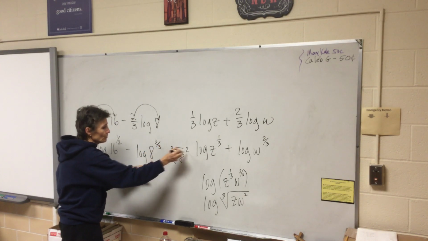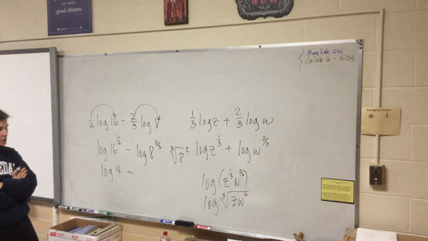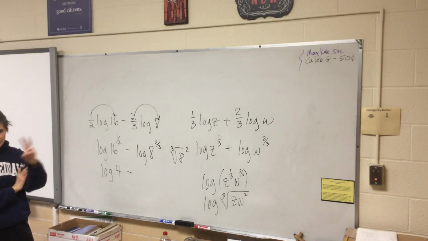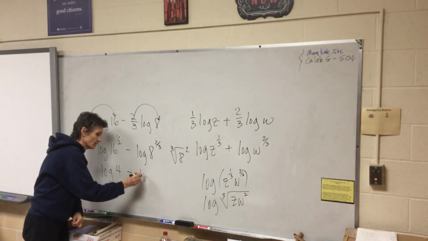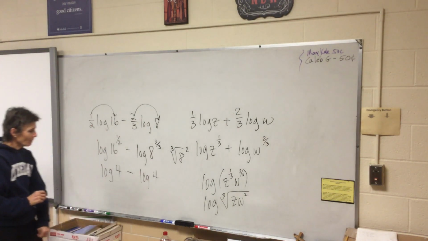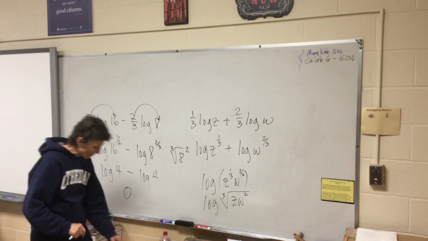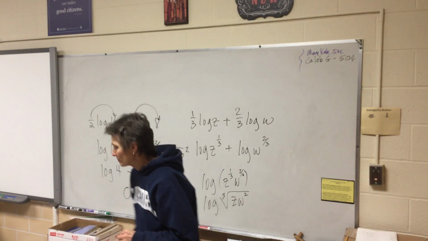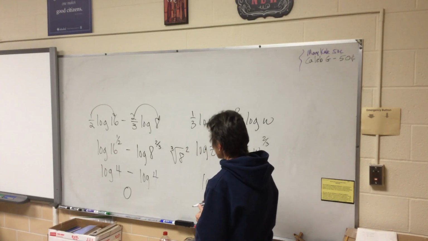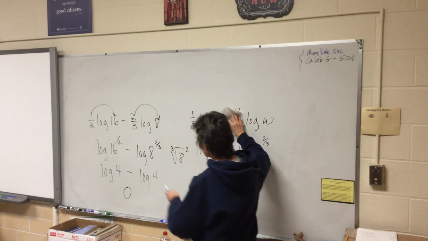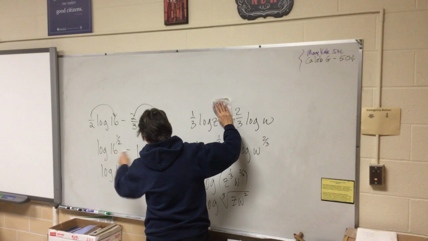Denominator gives you the root, numerator gives you the power. So what's the cube root of 8? 2. Squared is 4. Oh my gosh. We have the log of 4 minus the log of 4. They just cancel each other out, and we have 0. They're exactly the same thing. These are equal to each other.